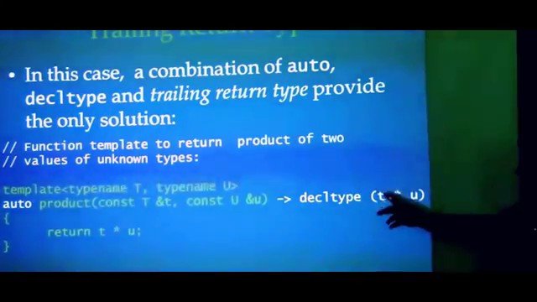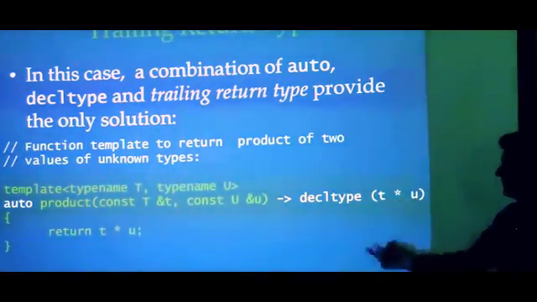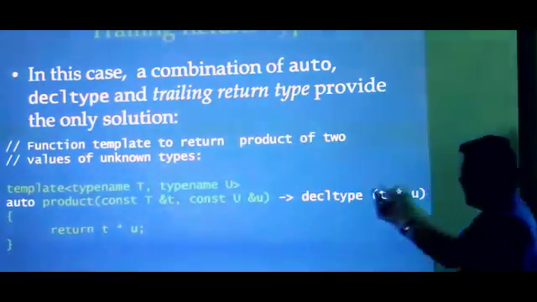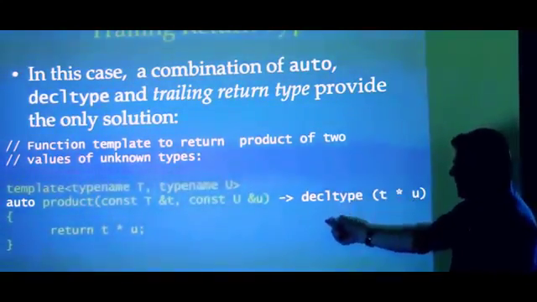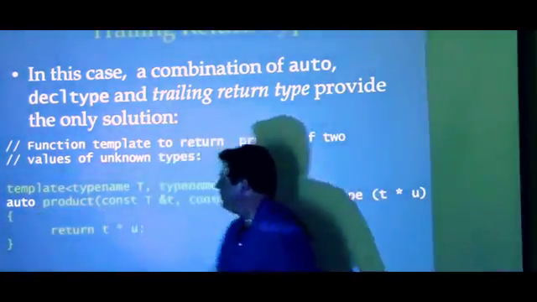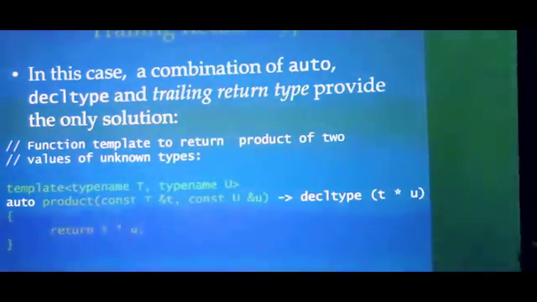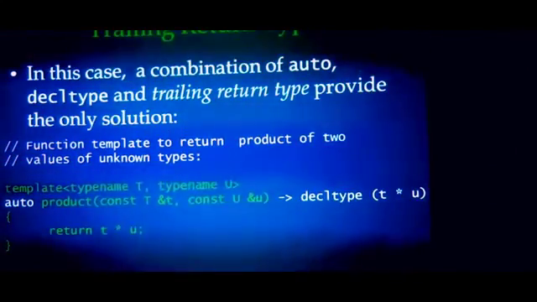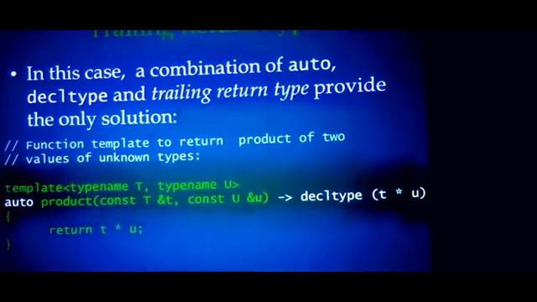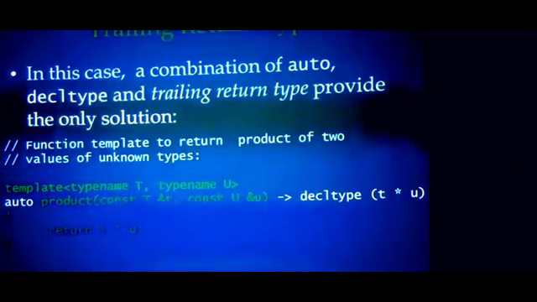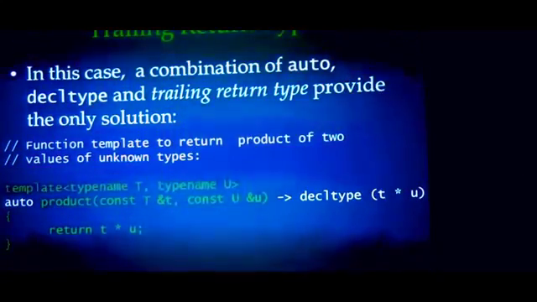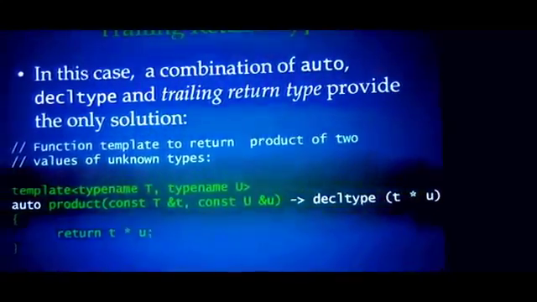The magic here is that at this point T and U are in scope because they've been declared, so now we can use them to determine their type, and that's why we're deferring the return type from back here to over here, because now we can express it. Solves the problem. And it's free. It's one of these compile time facilities. It doesn't cost anything except compile time cycles.